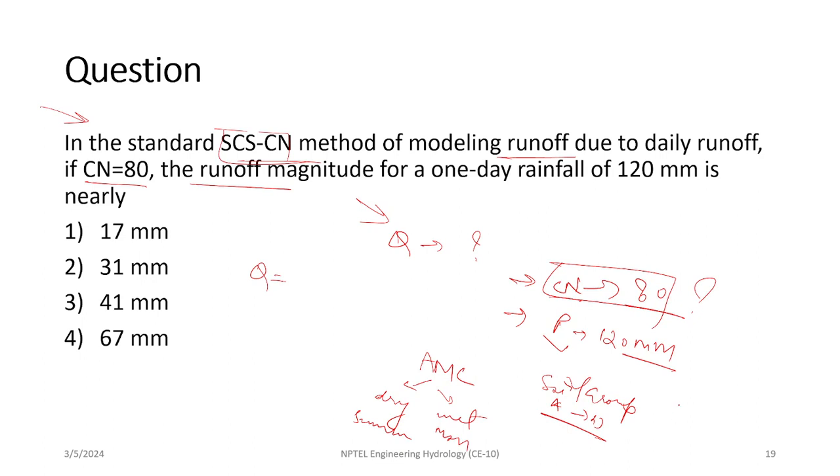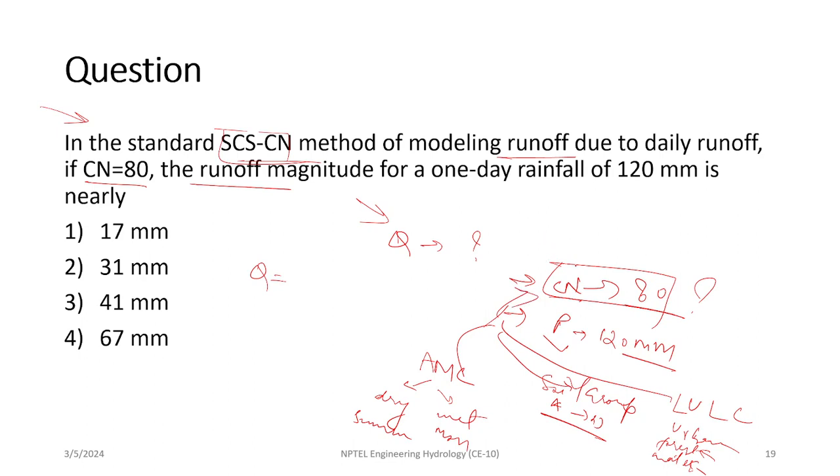At the same time the LULC factor is also here. If an urban area is there, then forest cover may be there, then water bodies can be there. So the LULC also affects the CN. After clubbing these three aspects together, the CN value can be found.